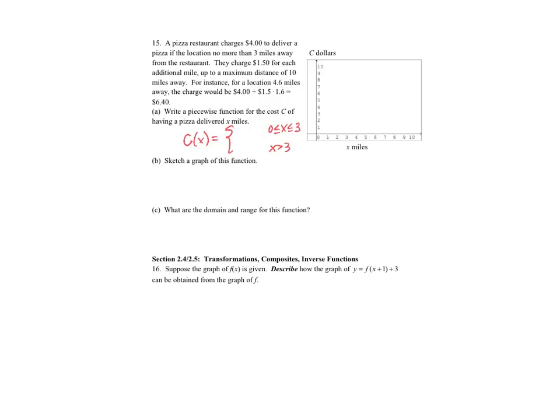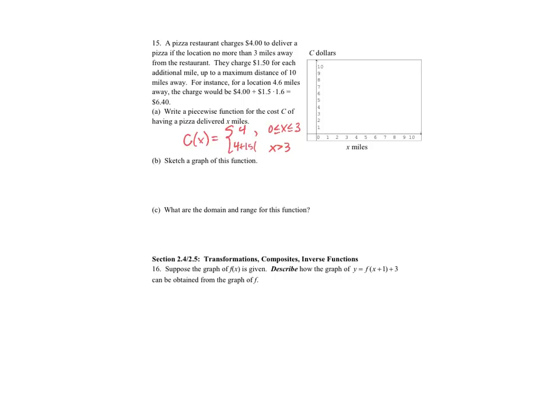So when we are in between 0 and 3 miles, the charge is just $4. So we can put a 4 there. And then after that, it's going to be $1.50 for each additional mile. So it's going to be that $4 plus $1.50 times the additional miles.